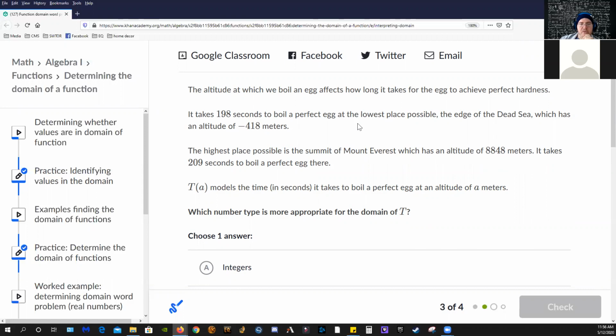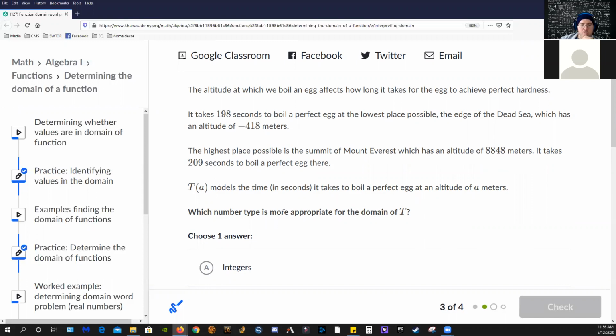The peak of Everest, okay. Huh. That's not a big difference in seconds, really. But okay. T of A models the time in seconds it takes to boil a perfect egg at an altitude of A meters. All right. Sure.